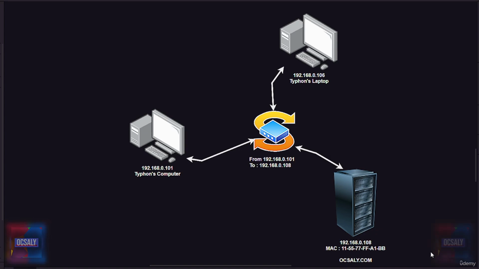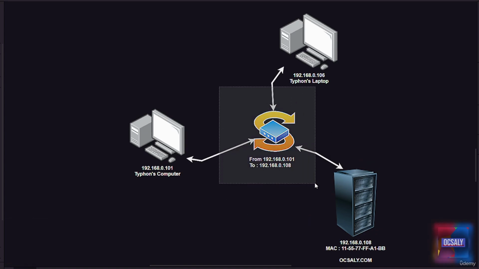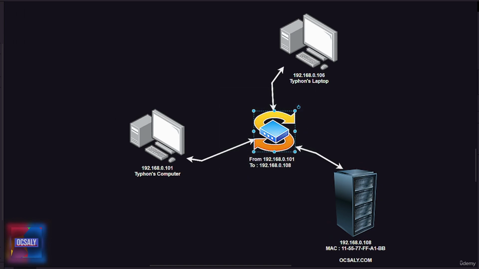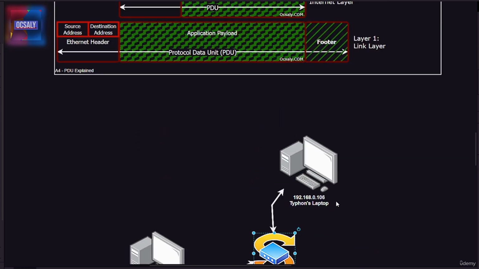And the switch device, this is the switch device of ours, forwards Ethernet frames between all nodes on the network. The switch doesn't need an IP address because it operates only at the link layer.